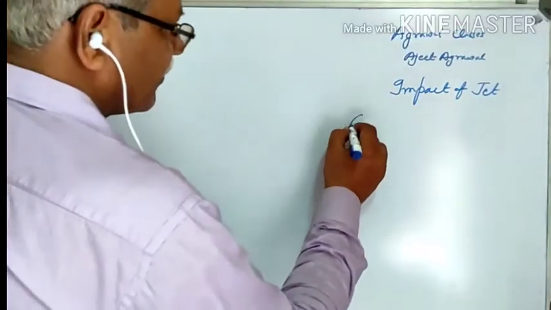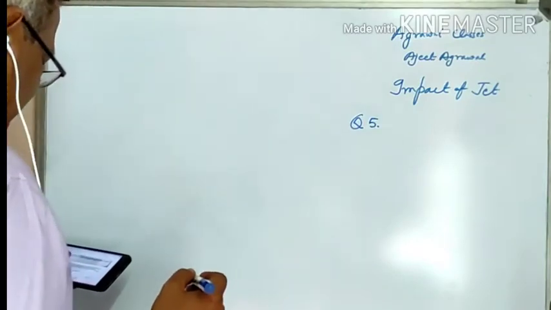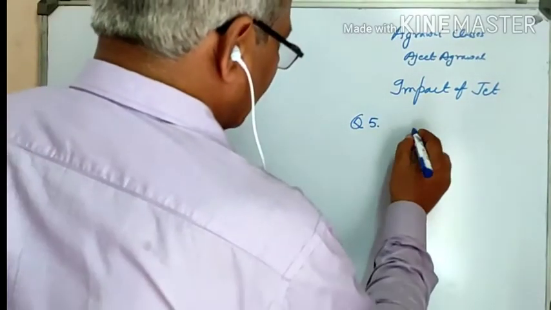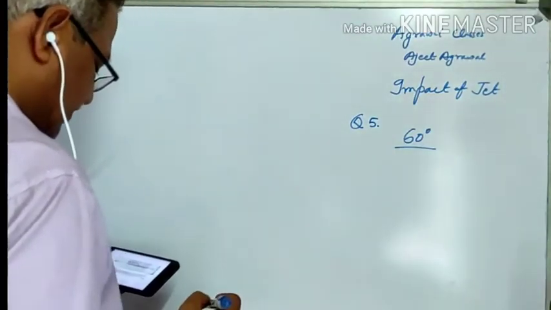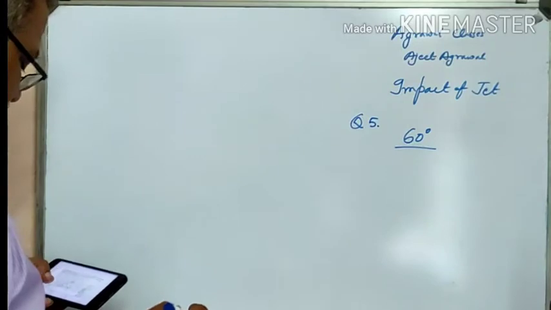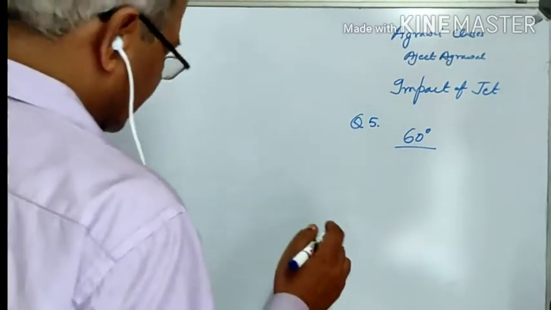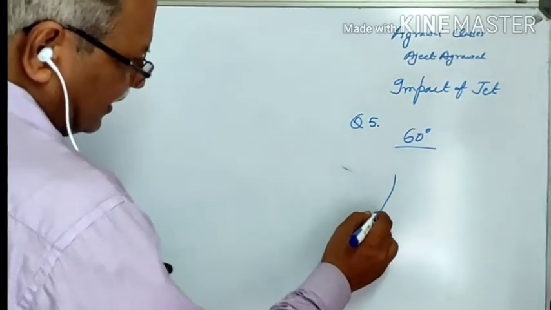In question number 5, it is given that a jet of water is deflected through only 60 degrees from the original direction. The jet is deflected only through 60 degrees from its original position, and it is passing through the curved plate, entering at one end and leaving at the other end.